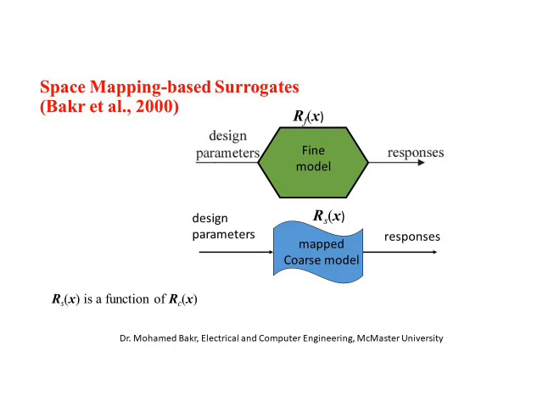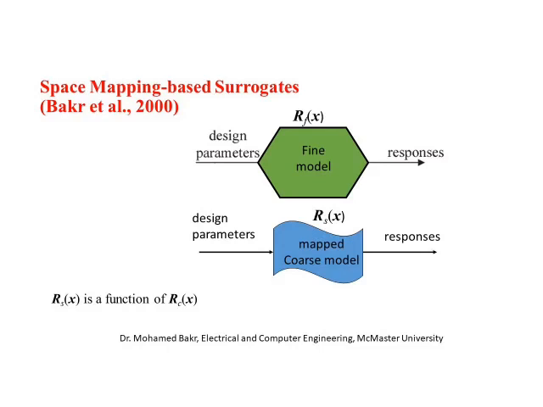So what is happening right now is that we are going to be using the mapped coarse model. The coarse model is very fast, but less accurate than the fine model. We are going to map it somehow to obtain a surrogate, Rs of x, that approximates the fine model response. We try to keep improving that surrogate model with the new data that become available as we develop the algorithm.